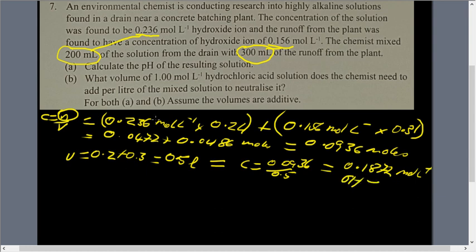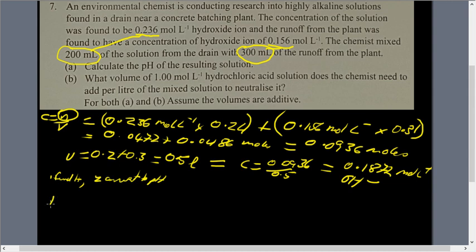Okay, now we've got somewhere. We've got a concentration of hydroxide ion, and we're asked to find what the pH is. Our steps are: 1, find H, and then 2, convert to pH. So we use our ionization constant of water.